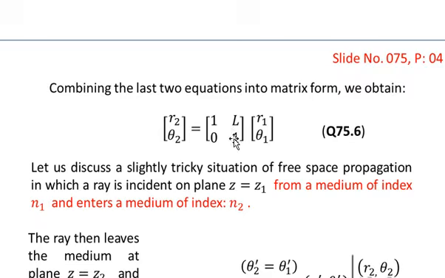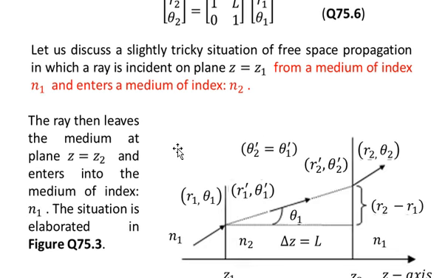And for free space propagation, the capital L, which is the separation between the Z equal to 1 plane and the Z equal to 2 plane, is also known. So substituting these values and solving, we know the value of R2 and θ2.